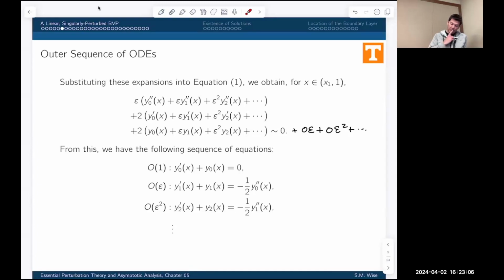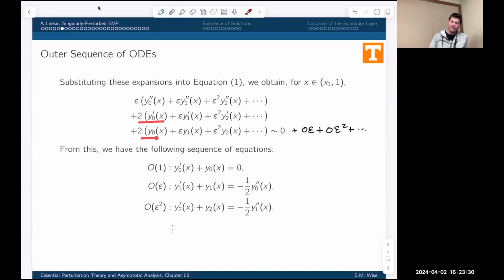So let's figure out what the first one should be. The first thing that we can construct is an order 1 equation. The order 1 equation comes from, let's see, there are no order 1 terms in this first box here. There is an order 1 term here and here, so that's going to contribute to the first equation.